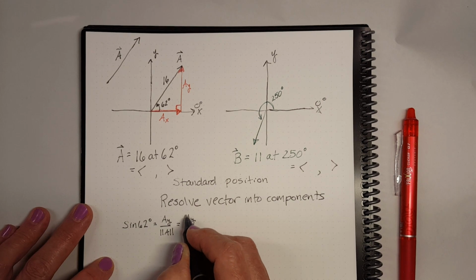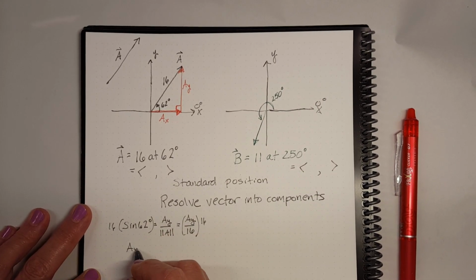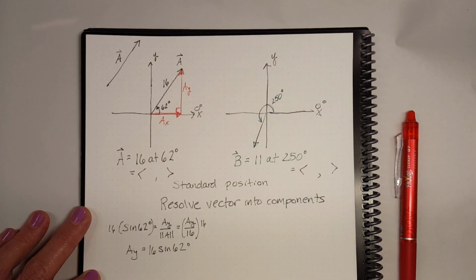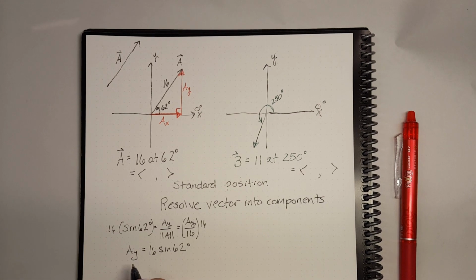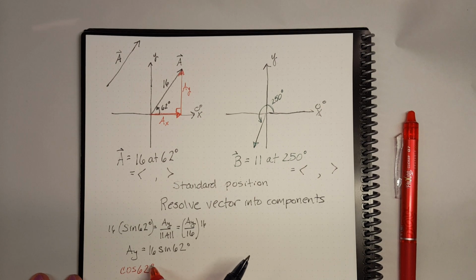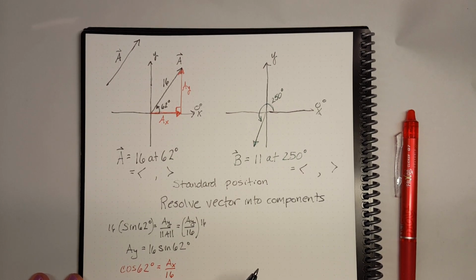And if we multiply both sides by 16, we get A sub y is equal to 16 times the sine of 62 degrees. And then if we do the cosine of 62 degrees, it is equal to A sub x over 16. And so A sub x is equal to 16 times the cosine of 62.